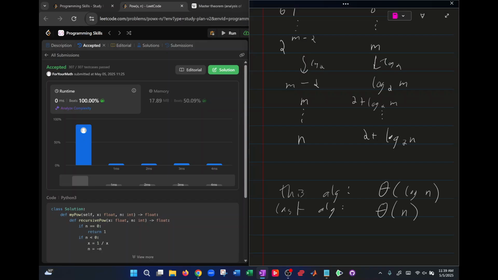We know that linear complexity is much longer than logarithmic complexity. And so this gives us the theoretical support that this new algorithm that we've written that uses recursion is faster than the previous algorithm that we tried to implement.